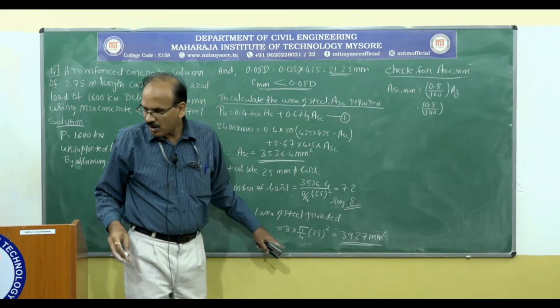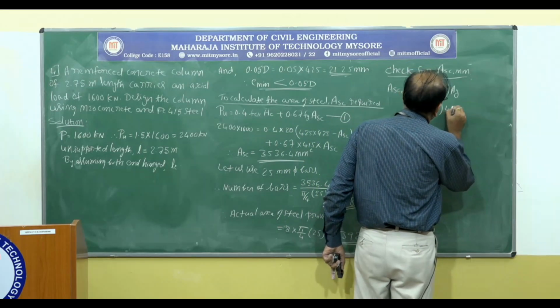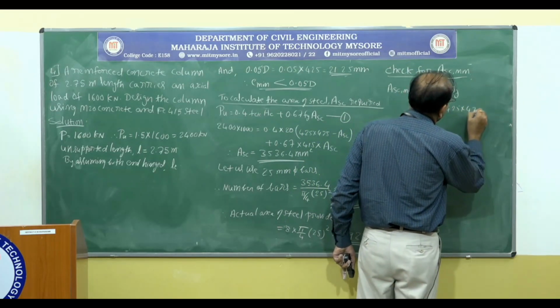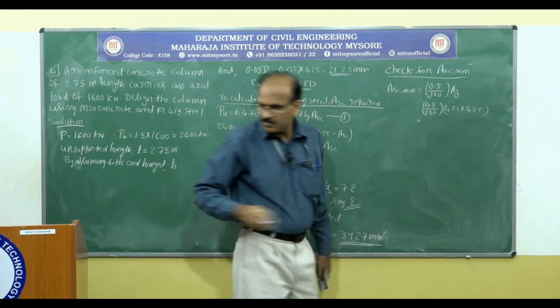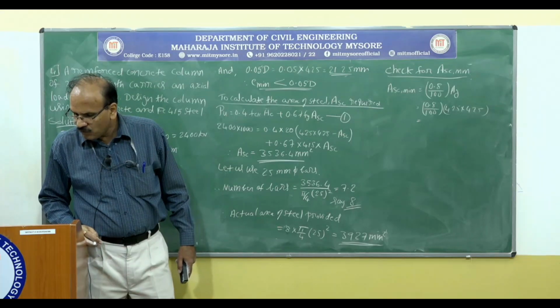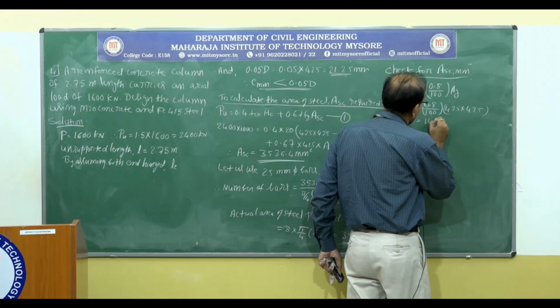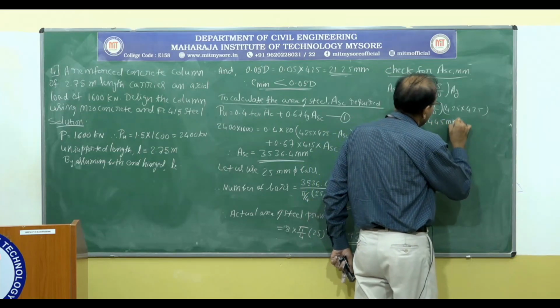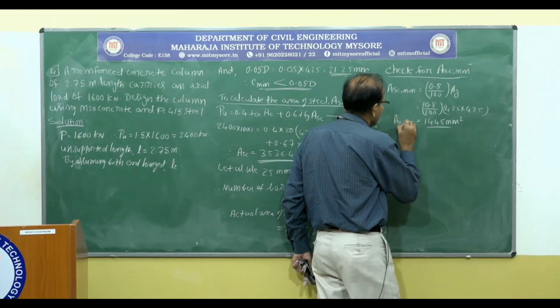AG value of the column is 425 multiplied by 425. So ASC minimum is 1445 millimeter square.